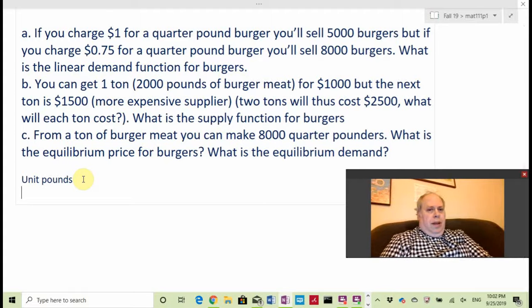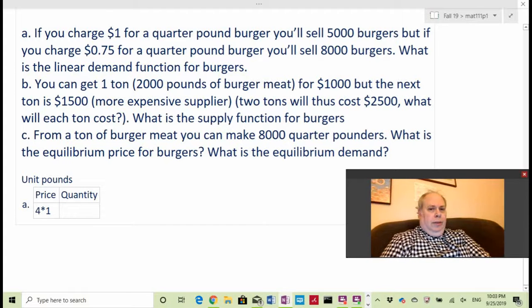So first I'm going to do part A. Once again, it's a price-quantity table for the demand function, no totals for that. If it's $1 for a quarter pound, to get a pound we're going to need 4 times $1, so $4 for every pound of meat you sell.